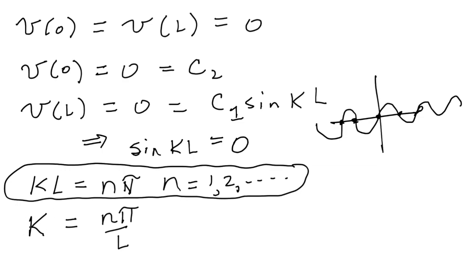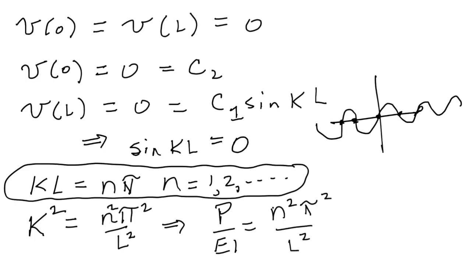Remember, k is just that constant that we had. It was P over EI. That was k squared. So if we square both sides of this, then that implies that P over EI is equal to n squared pi squared over L squared.